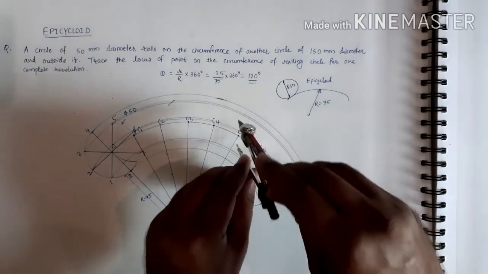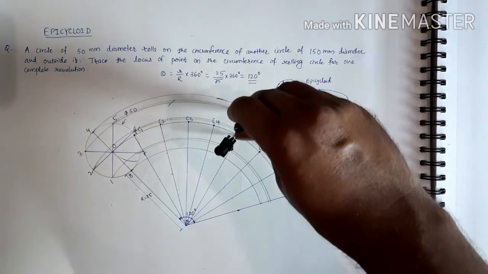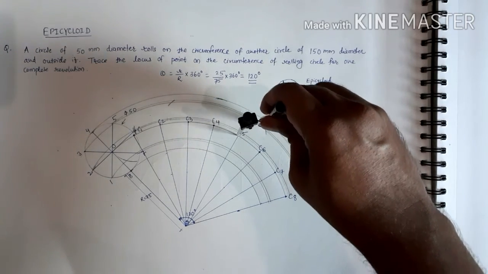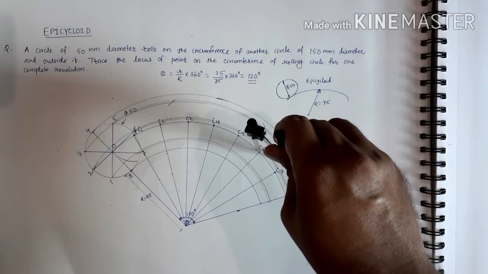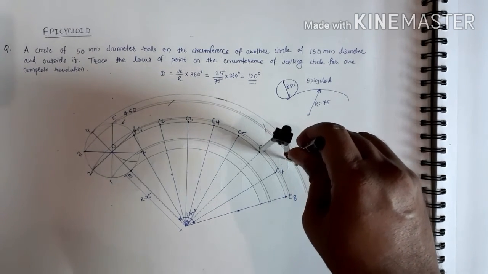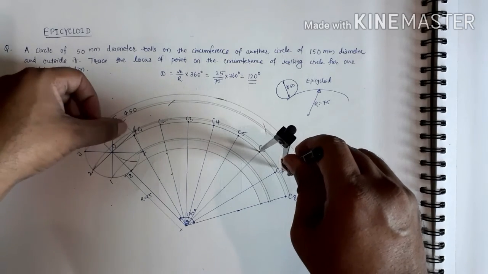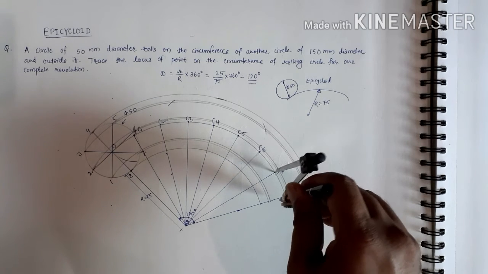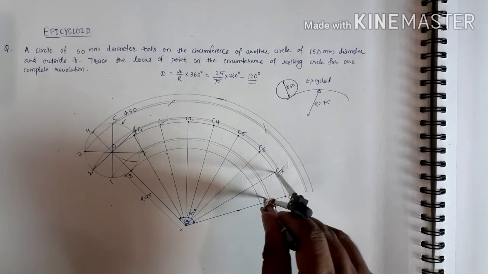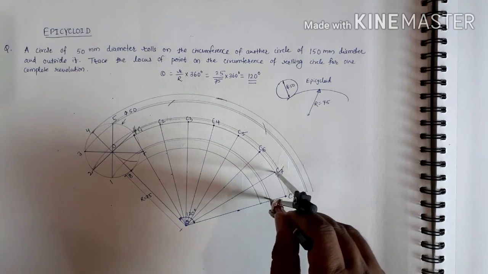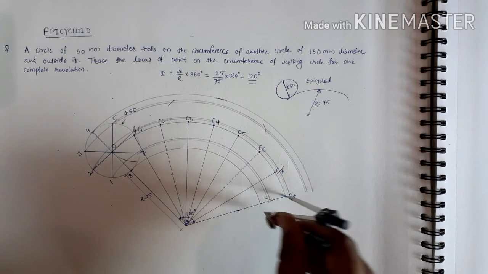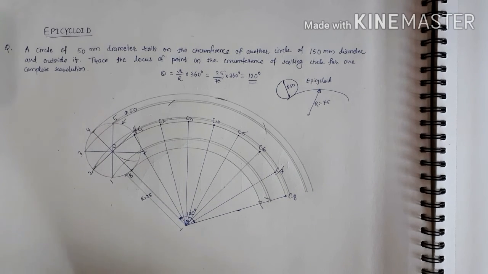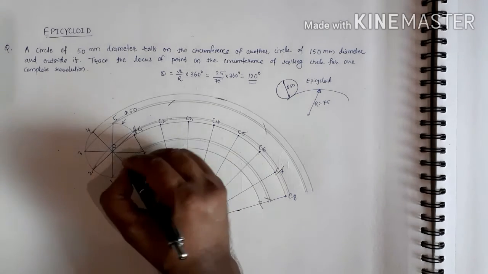Put on C5 and mark on the curve from point 5, put on C6 and mark on the curve from point 6. Then C7, mark on the curve from point 7, put on C8 and you will get this last point because it is the same as the radius. So these are the points on the epicycloid.